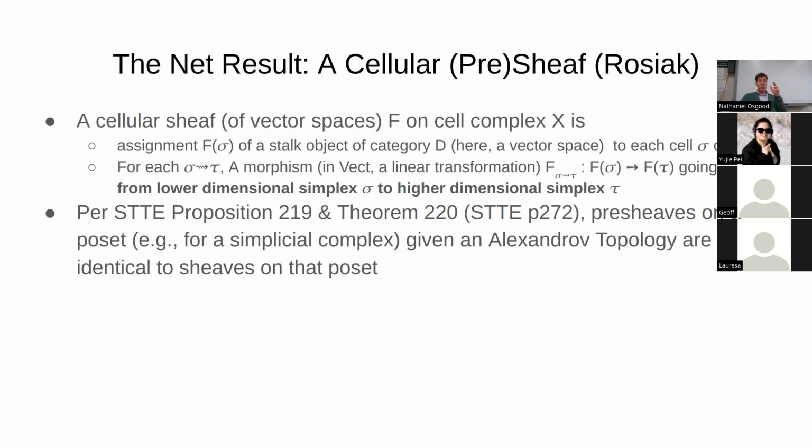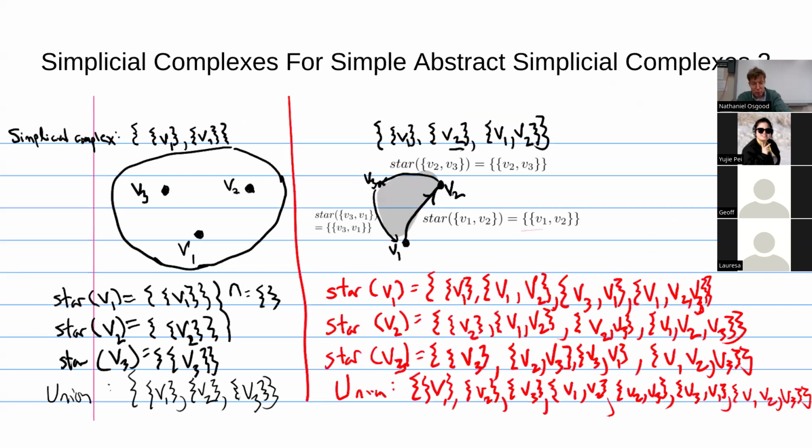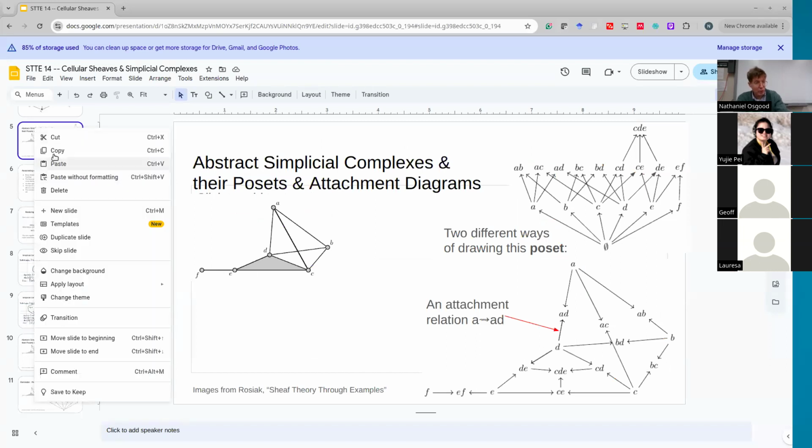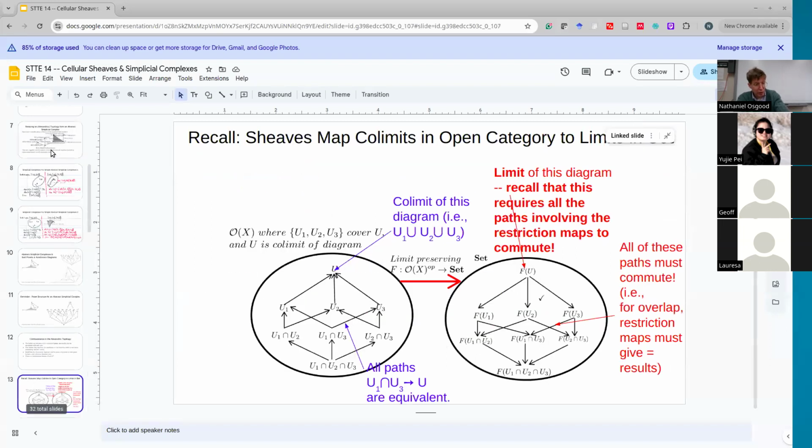But one of the points here is that you don't actually have to worry about the Alexandrov topology that much when you build these things, because there's actually a direct functor from this poset. I'm just going to copy this and put it there so I don't have to keep going back.